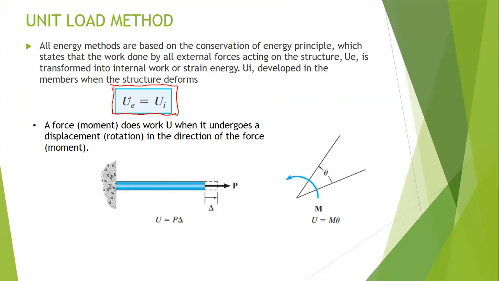Meaning to say that if we apply external forces, the total work is also equal to the total internal work. So it is as simple as this equation. Okay, you have your external work is equal to the internal work.